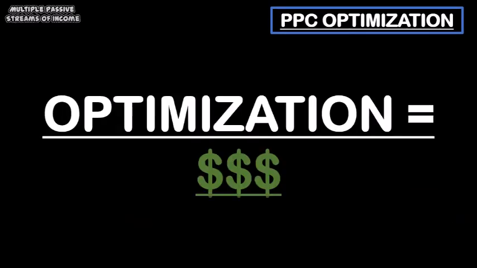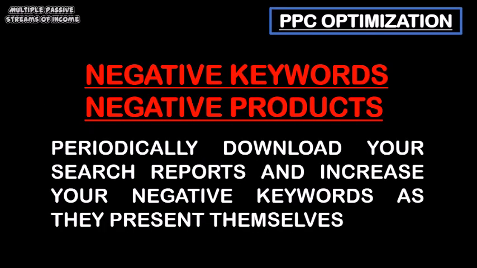Next, you will periodically pull your search term reports, analyze the data, and increase your negative keywords and negative products as they present themselves on your search reports. You should optimize your PPC campaigns weekly at the very least, and if you can do it more often, that's even better.